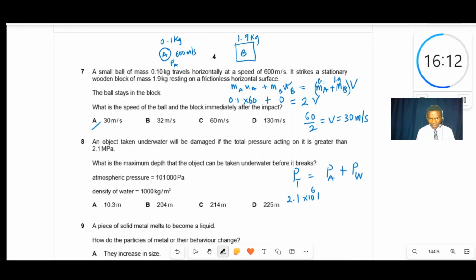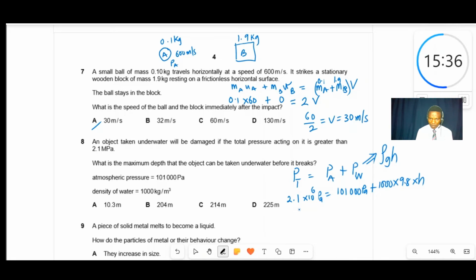So it's equal to 101,000 pascal plus pressure underwater. This pressure underwater is rho g h: density times gravity times depth. So we have density, which is 1000, times 9.8 times H. Make it a formula so you can subtract this from this.